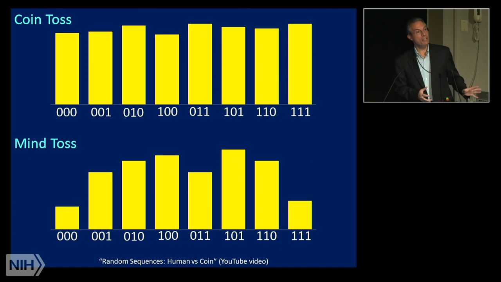They will avoid 3 zeros and they will avoid 3 ones in a row. They say, oh, no, 3 zeros in a row is not random, it just doesn't happen often. Then you overcompensate and you don't write it enough. And actually, it's less frequent than what you would have gotten if it was random.